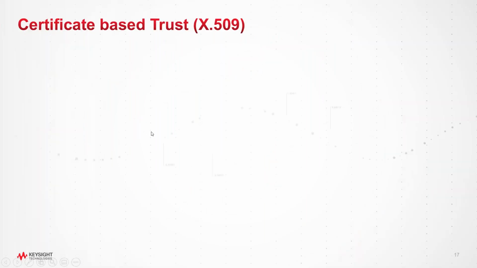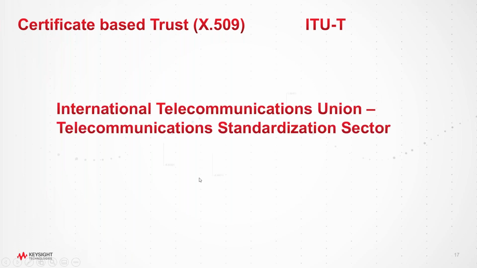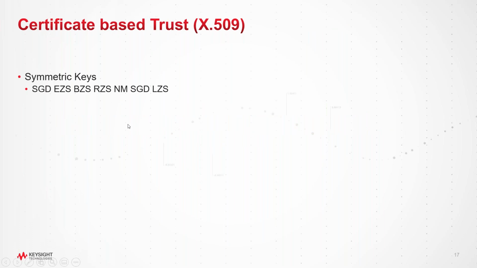But we want to know how we set up this trust. And the trust is set up with certificate-based trust, which is established by X509 certificates. X509 is an ITU-T standard, and that essentially is International Telecommunications Union telecommunications sector standardization standard.